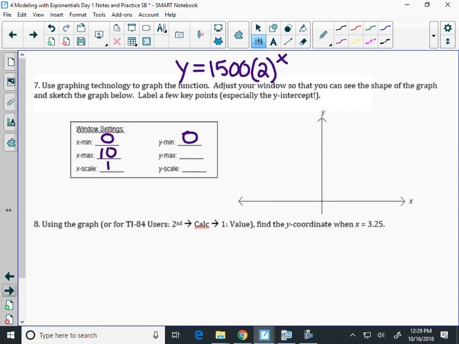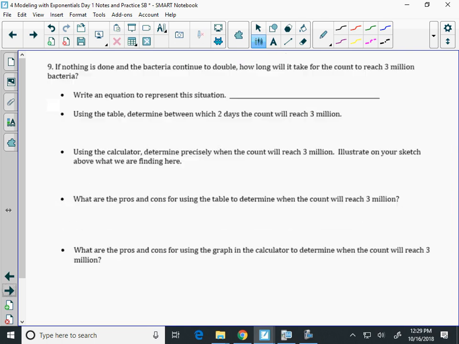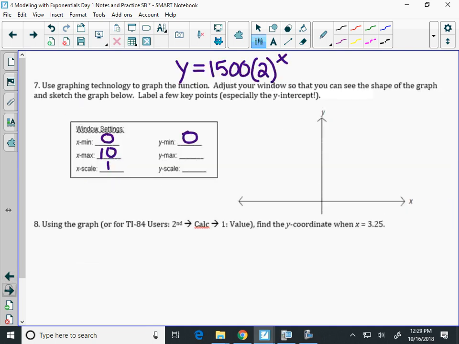And some context clues here. If I go a bit farther and keep looking, it says something about 3 million. So maybe we need to at least get higher than 3 million. So 4 million, yeah, we can make our y scale go up to 4 million.